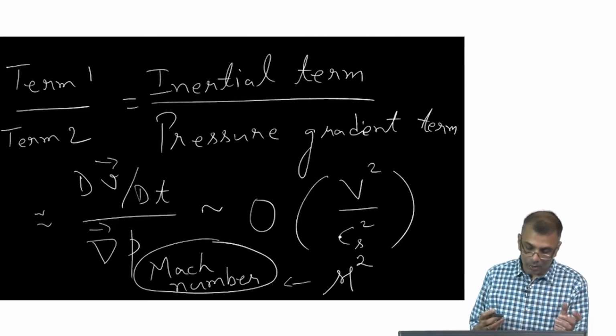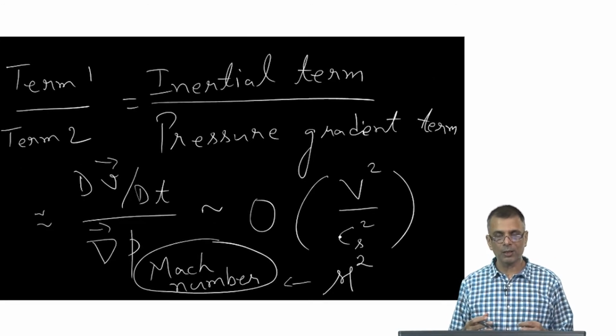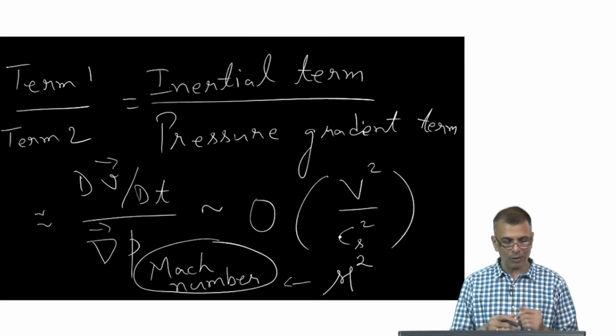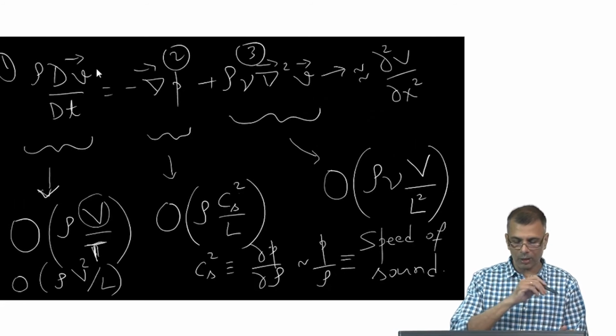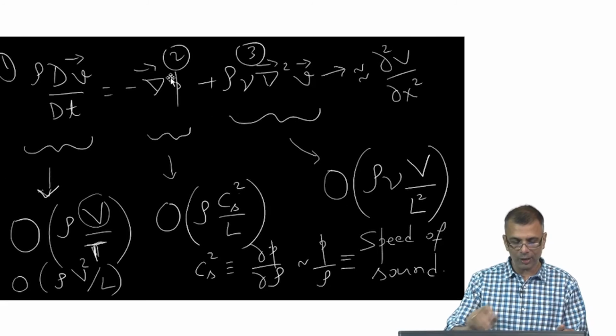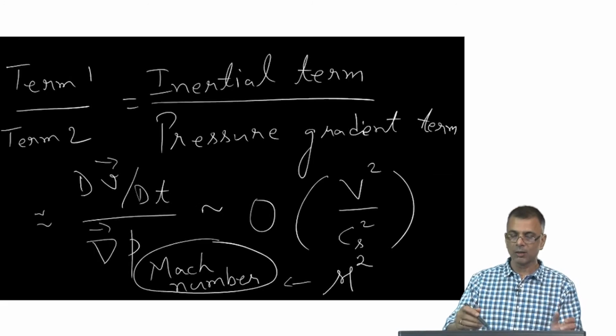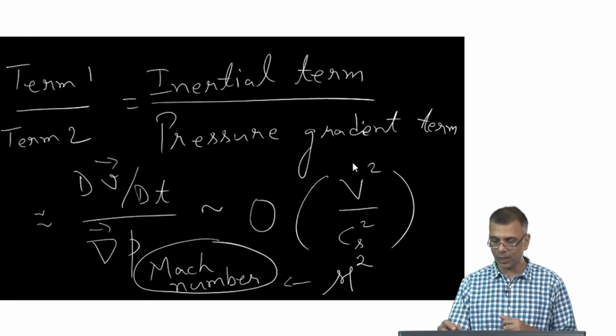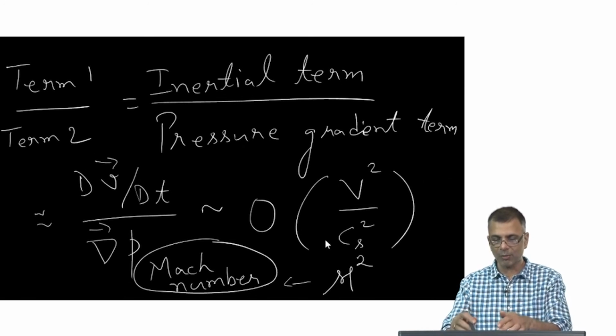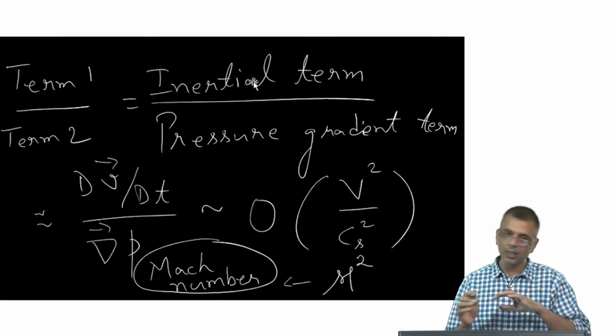But where did it come from? Why did I simply pop it on you? It came from the ratio of the first term in the Navier-Stokes equation to the second term, or the ratio of the inertial term to the pressure gradient term. Clearly, if the Mach number is large, the inertial term is more important than the pressure gradient term, and vice versa.